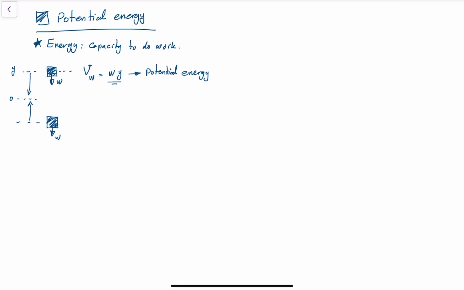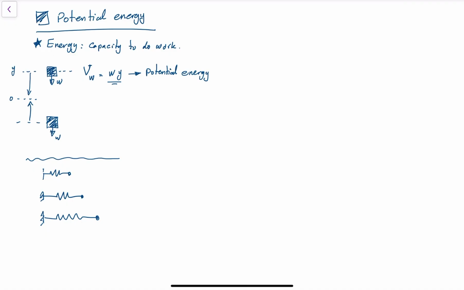Similarly, another conservative force we talked about was a spring. So as we have this spring, from its resting length, I can either stretch it or push it back or compress it.